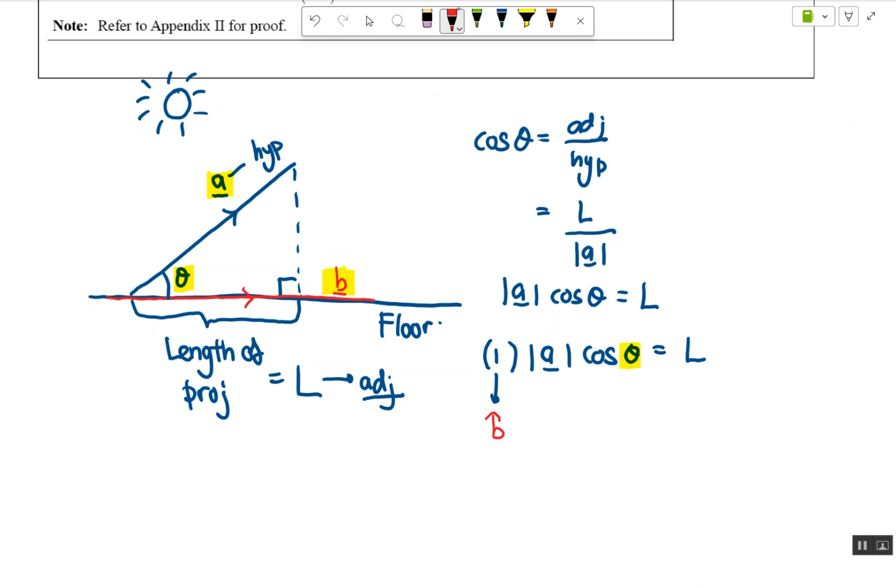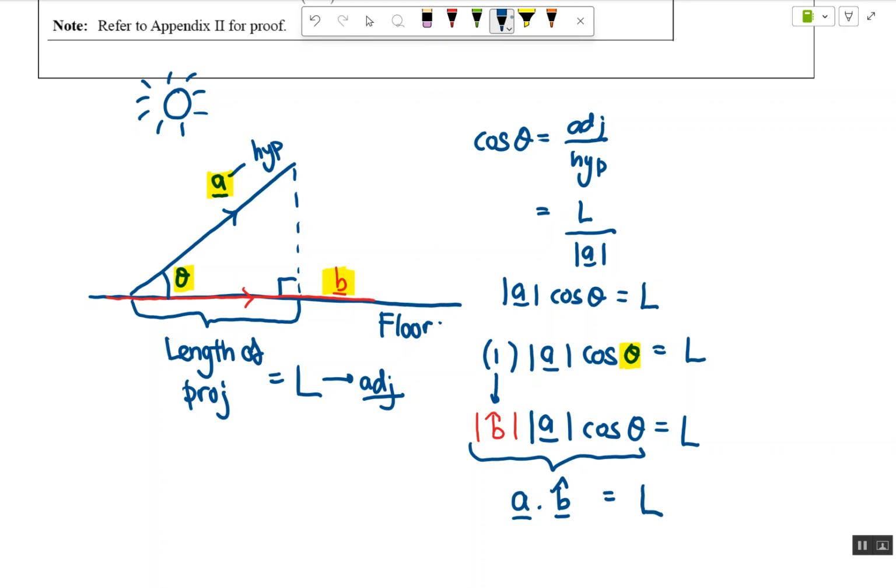B hat. I can say that the 1 is the same as the magnitude of B hat, because the magnitude of a unit vector is 1. And I'm going to keep on writing all this. Cosine theta is equals to L. And this tells you that I am looking for A dot B hat equals to L. But sometimes A dot B hat will give you a negative value, right?